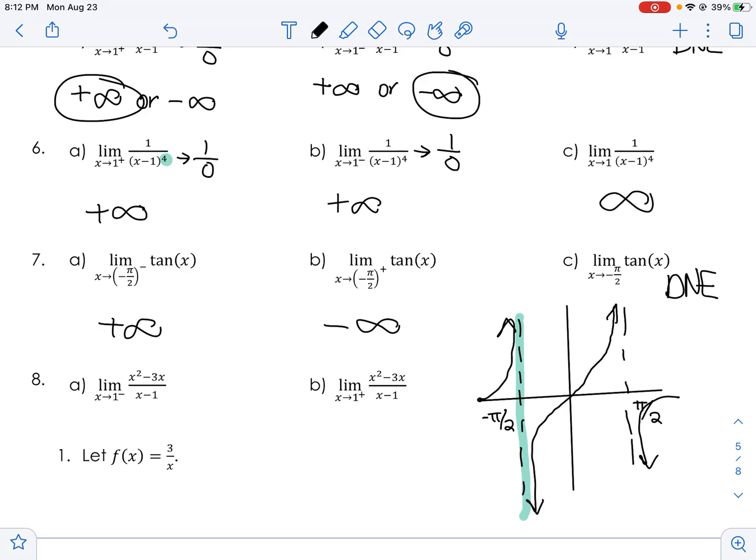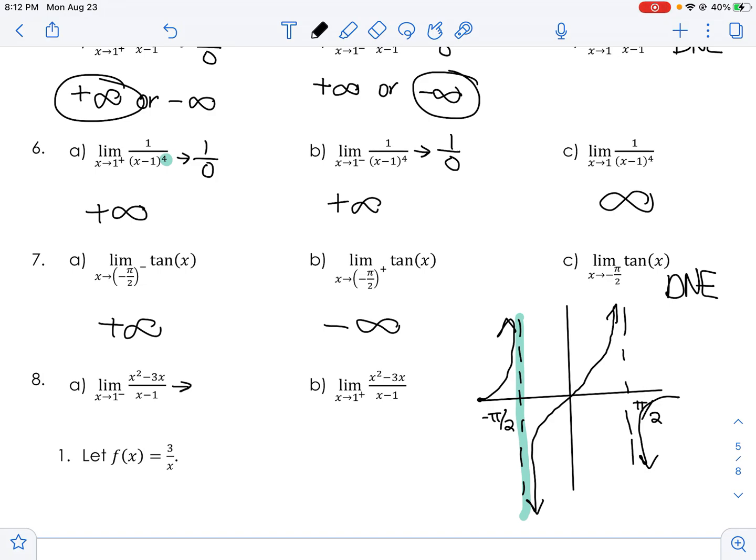last question, number 8. The limit as x is approaching 1 from the left side of x squared minus 3x divided by x minus 1. So this one's a little tricky, so we got to be careful with it. So I'm going to pick a number that's really close on the left side, so 0.9999. Well, first off, I got to try direct substitution.